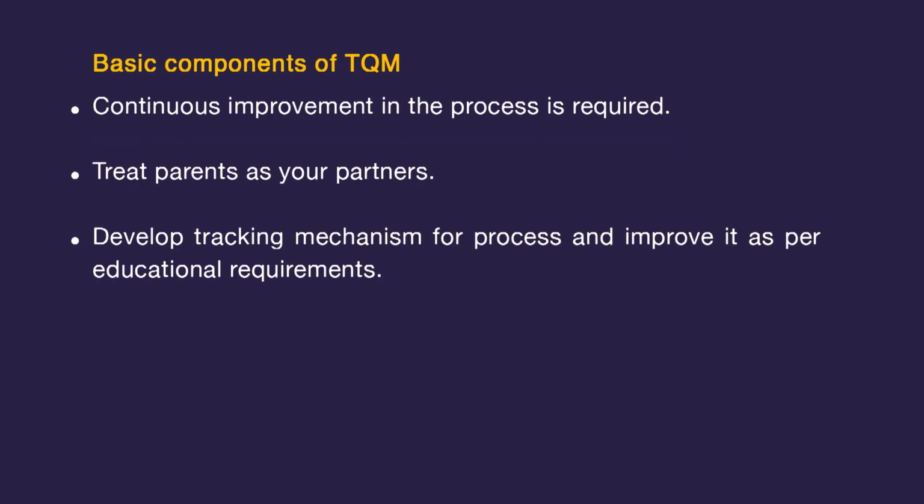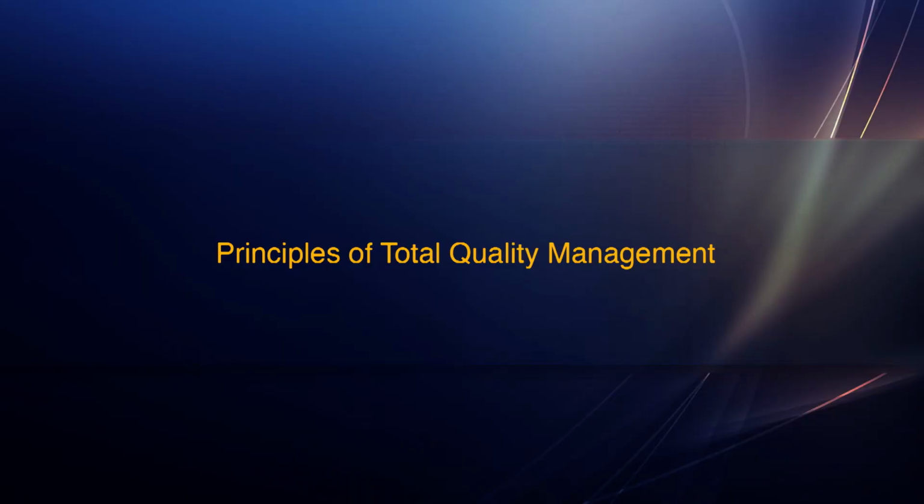Fourth, continuous improvement in the process is required. Fifth, treat parents as your partners. Sixth, develop a tracking mechanism for the process and improve it as per educational requirements. We shall now see the principles of total quality management.